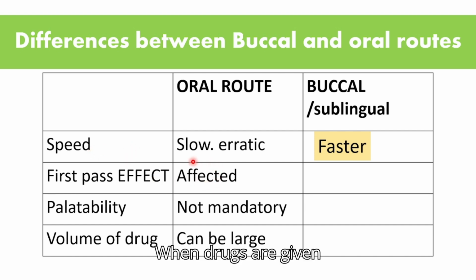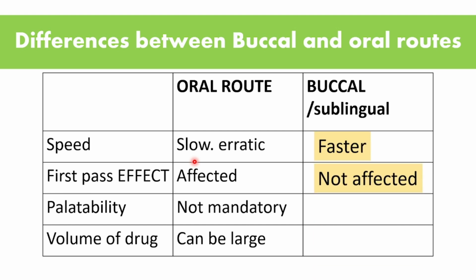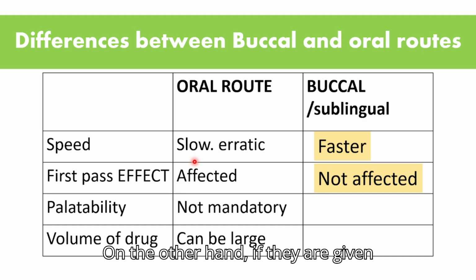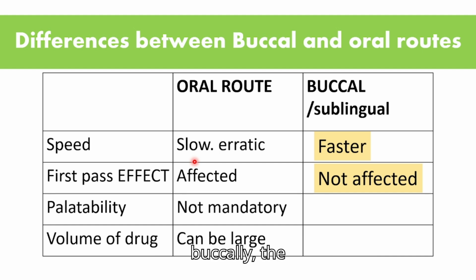When drugs are given orally, there is a probability that they may be affected by first pass metabolism. On the other hand, if they are given buccally, the probability of being affected by first pass metabolism is reduced.